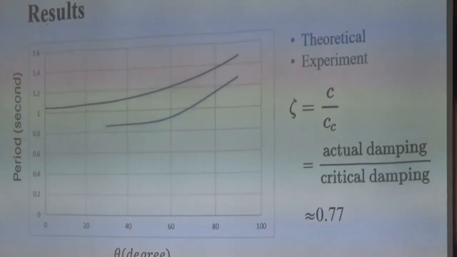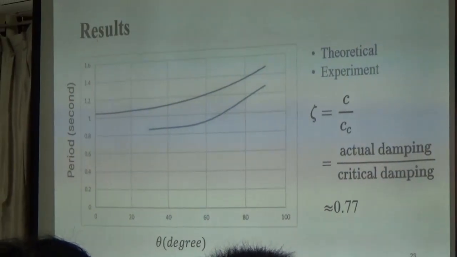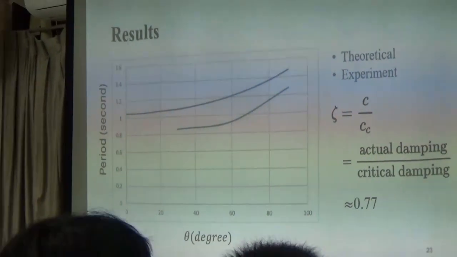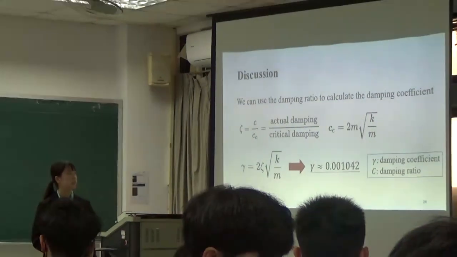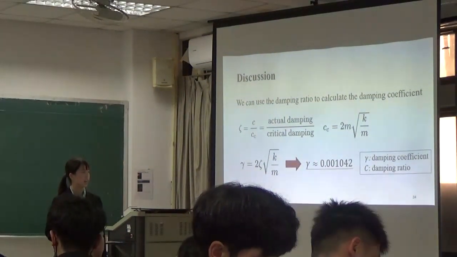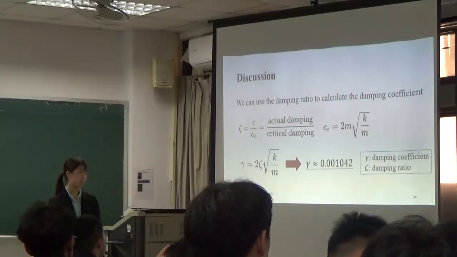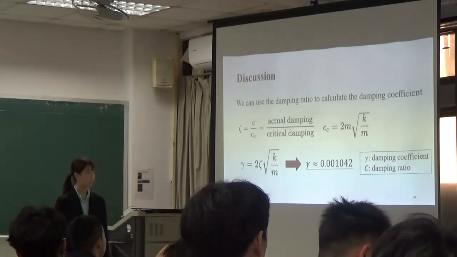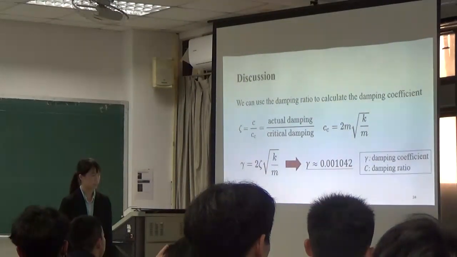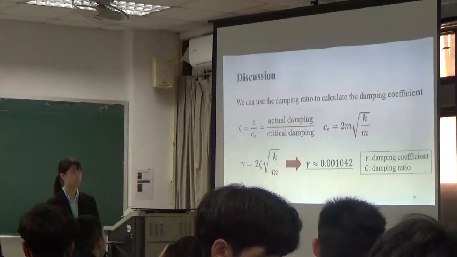In our result, the experiment data divided by the theoretical data is around 1.77. We can use the data to calculate the damping coefficient. This is the definition of damping ratio and damping coefficient. We use the data to calculate that the damping coefficient is around 0.001042.